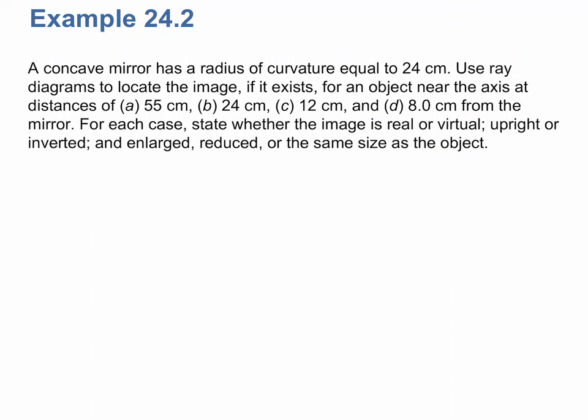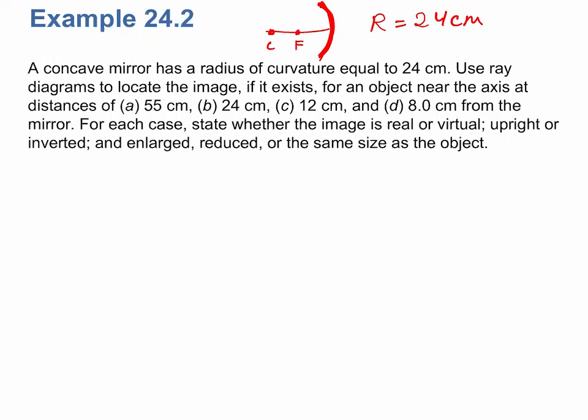One thing we know for sure is that there is a mirror there that has a radius of 24 centimeters. Remember, this is a property of the mirror itself, regardless of whether there is an object there or not. Because it's concave, the center of curvature, point C here, is in front of the mirror. And we can then take this point F to be half of that.